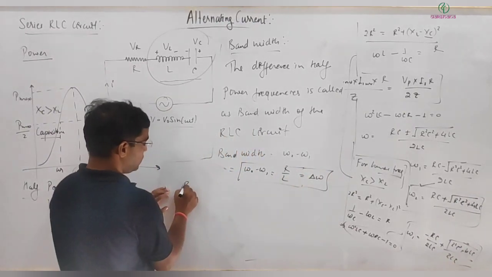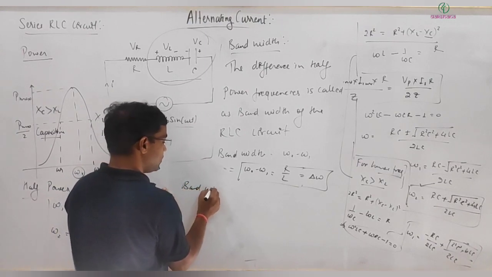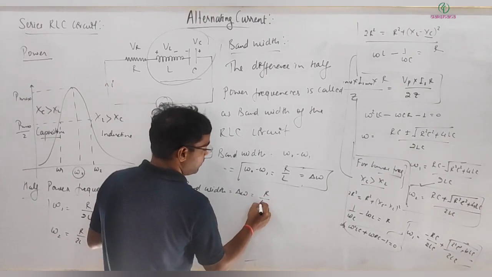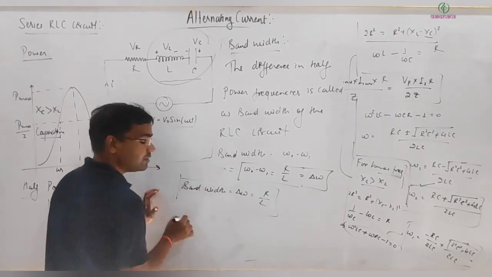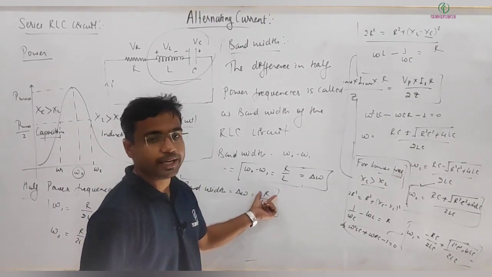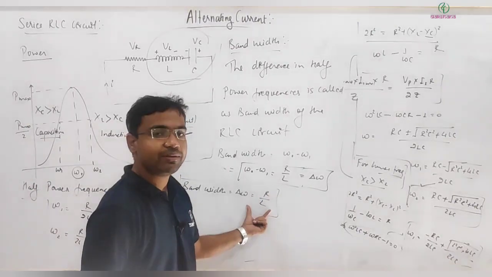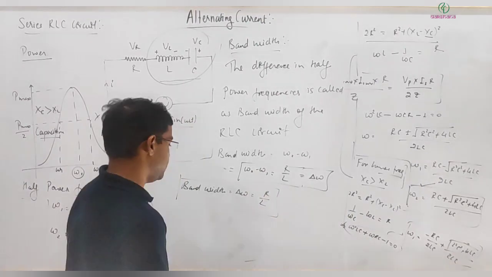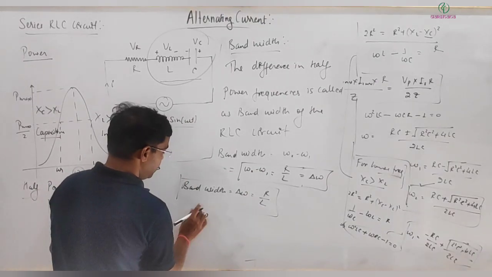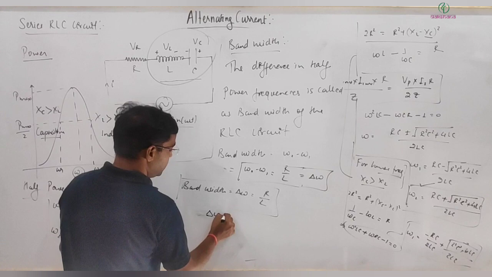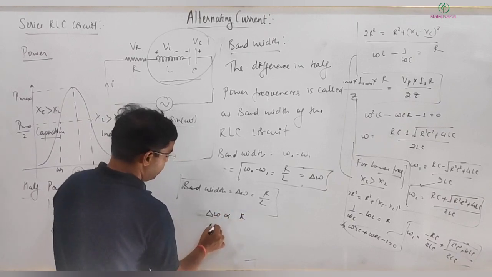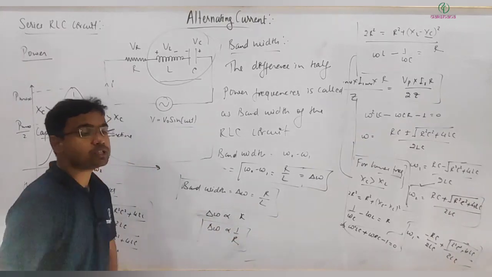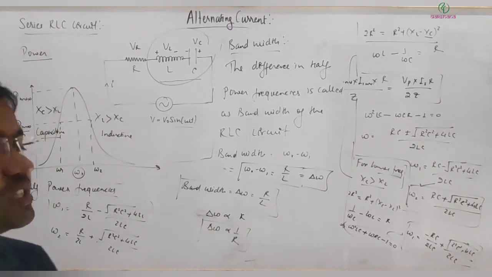So the bandwidth of the circuit, delta omega, is given by R by L. If you want to increase the bandwidth, you should have higher R. If you want a small bandwidth, L should be higher. So delta omega is directly proportional to R, and inversely proportional to L. Clear? That is something special about it.